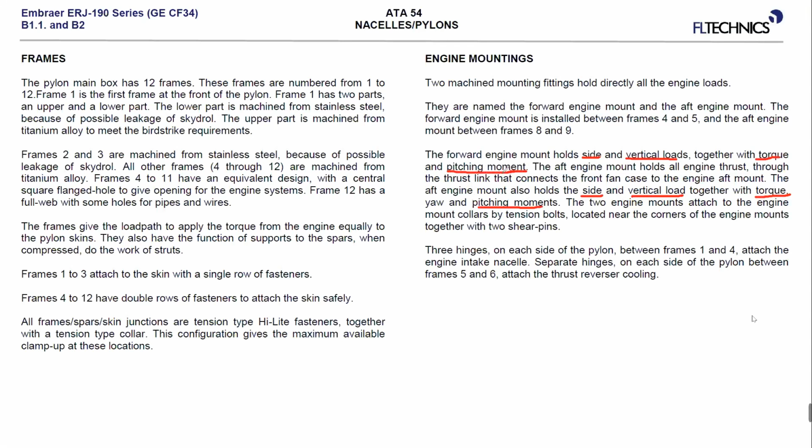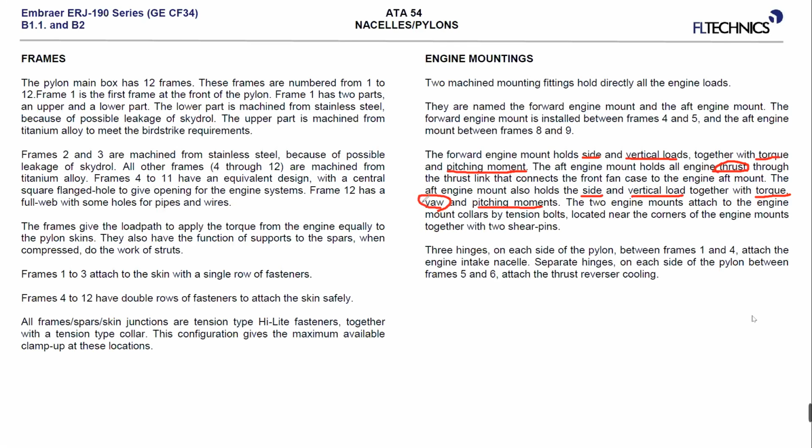They are common loads which are transferred by both mounts. But the aft one has also the thrust and the yaw. Keep that in mind. They are transmitting different loads, but most of them are the same. The side loads, the vertical, which is actually the load of the engine, the torque, because of the rotation of the components like fan, turbine, compressor.